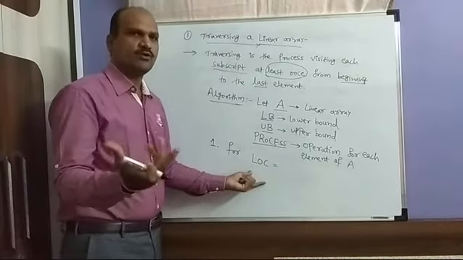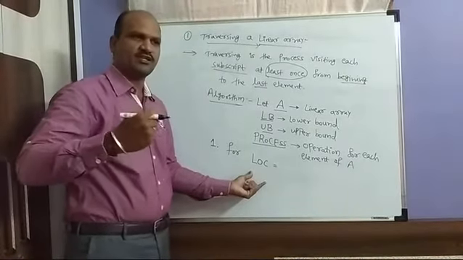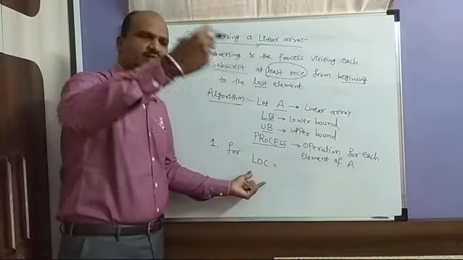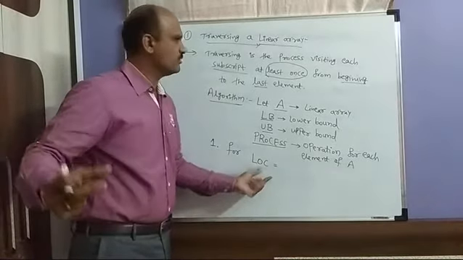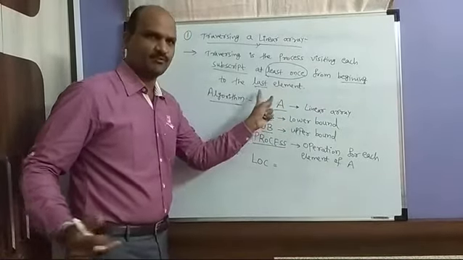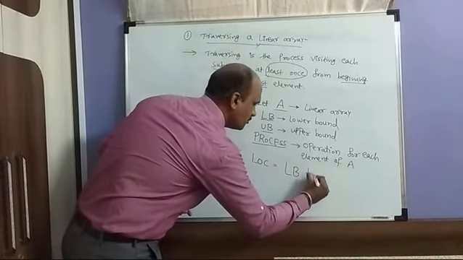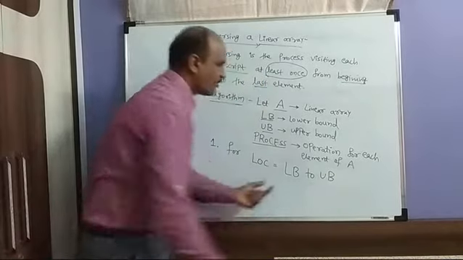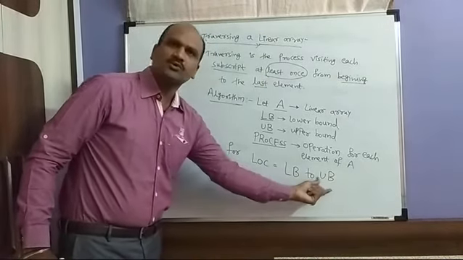Each location, as I told you, is from 0 to n minus 1. So if there are 5 elements, it starts with 0. Each element has to go from beginning to n. So location is equal to LB to UB, from lower bound to upper bound, meaning beginning to n.